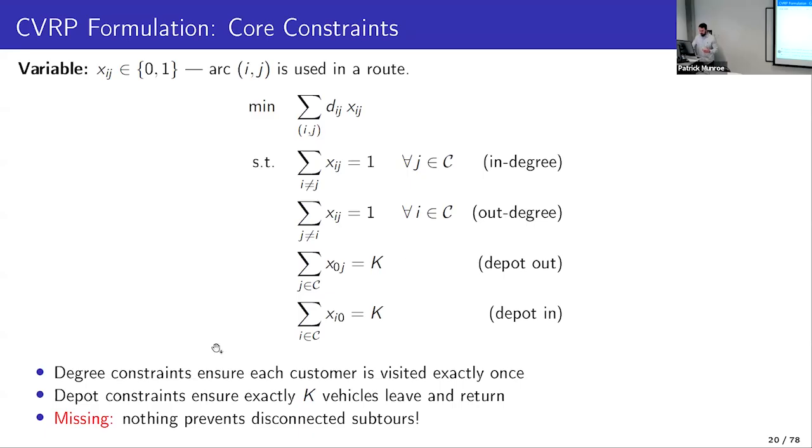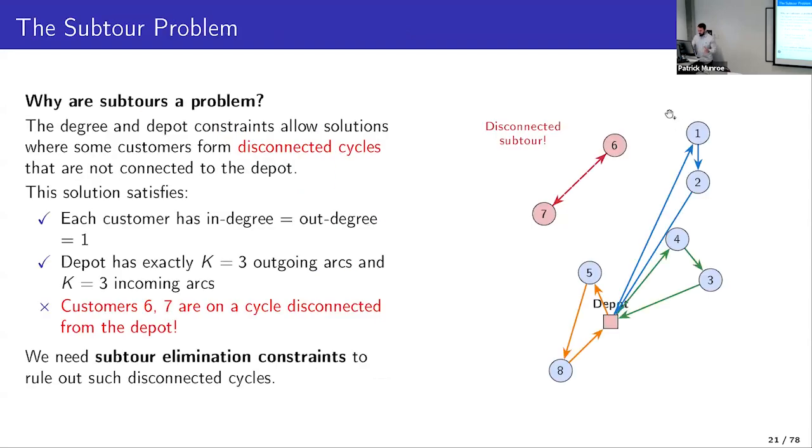And then we have also some depot constraints that ensure that we have exactly k vehicles going out of the depot and coming back to the depot. But if we use this formulation only, we're missing something. If you look long enough at it, you will realize that it does not prevent disconnected subtours. So what is a disconnected subtour?